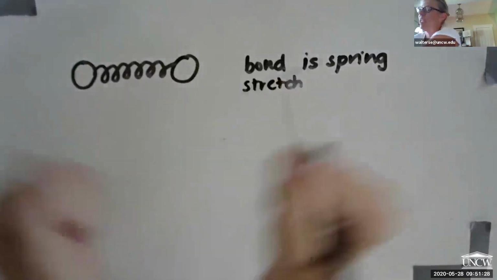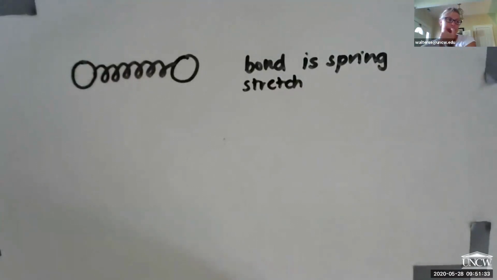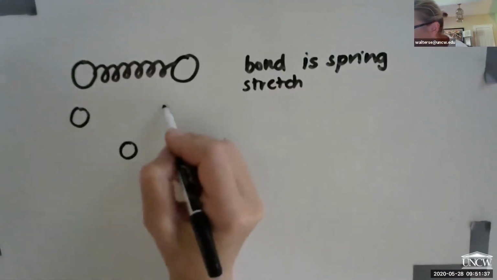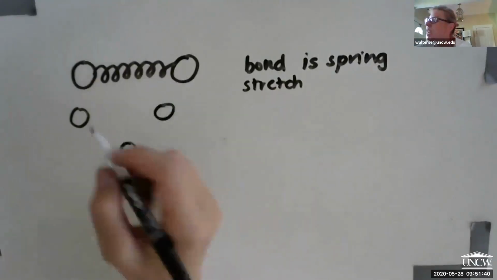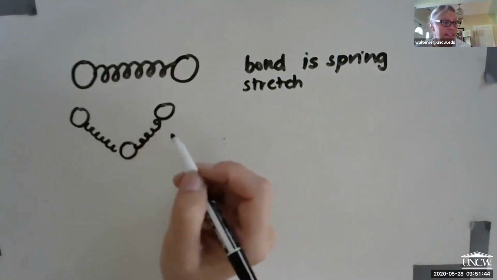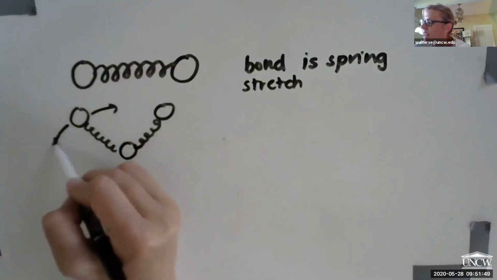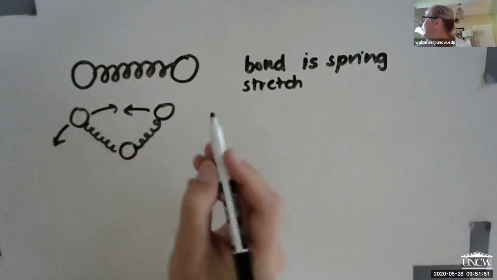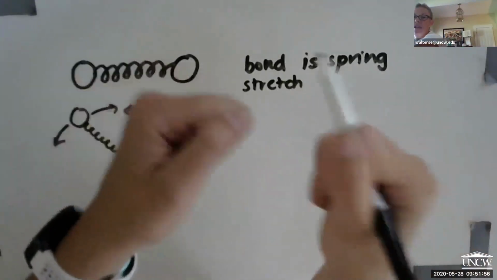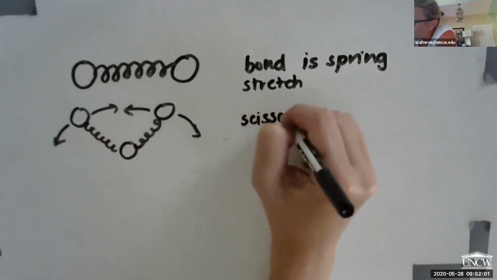They'll go in and out, in and out. If you have 3 atoms, things get a little bit more complicated, because not only do you have the in and out on those springs, but this atom can come in and out, and this one can come in and out. So they would go in, out, in, out. That's called a scissoring vibration.